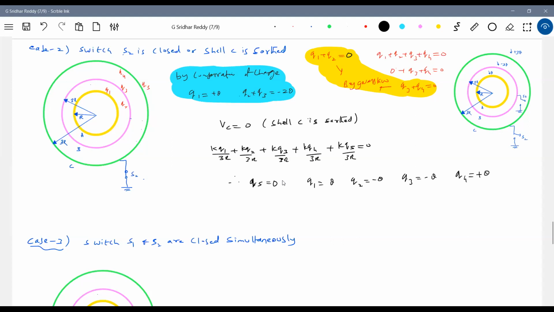If you earth the outermost shell, then the charge on the outermost surface of the outer shell must be 0.